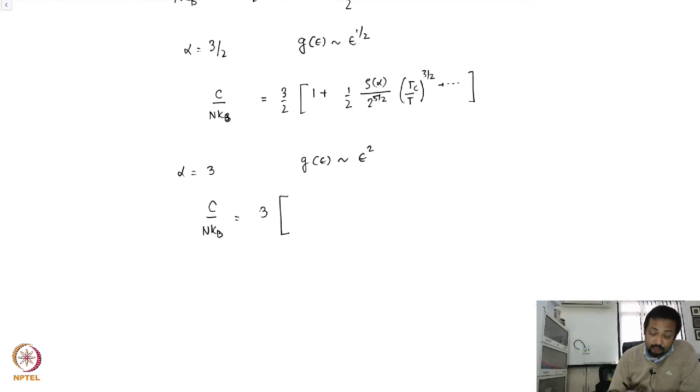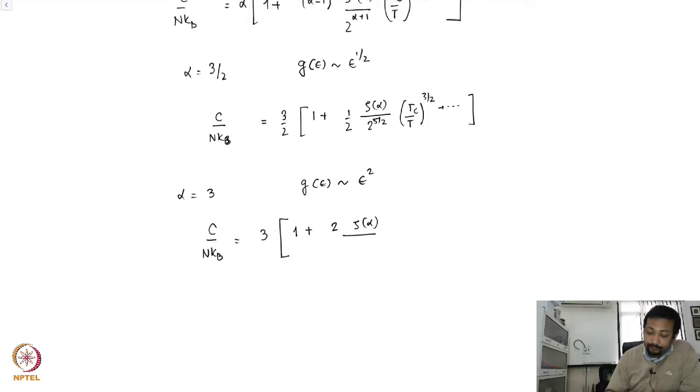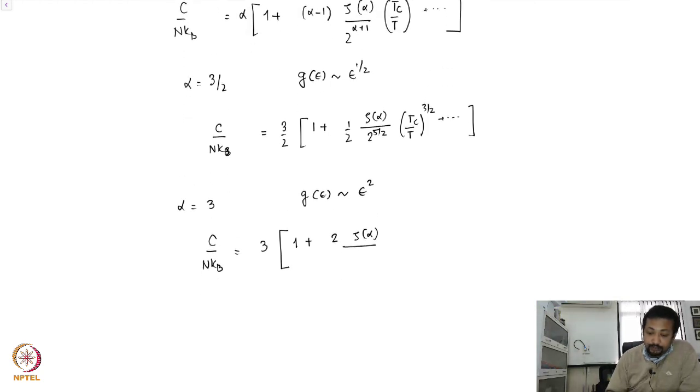This is the classical Dulong-Petit law, 1 plus 2 zeta alpha raised to the power 2 to the power 4 Tc over T whole cube, higher order terms. The 2 cancels with 1 power of 2, and we can simplify this and rewrite this expression as 2 cubed.